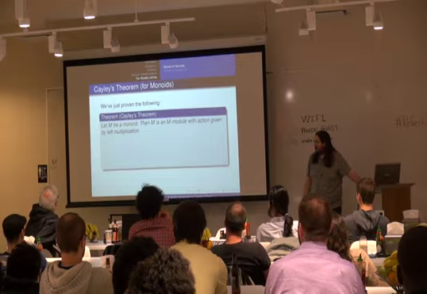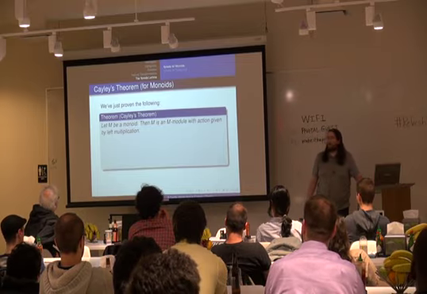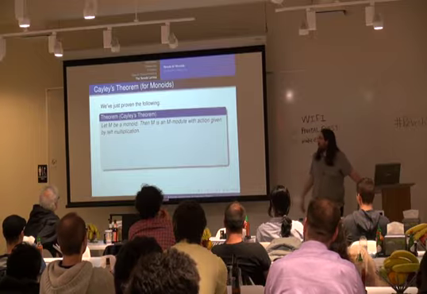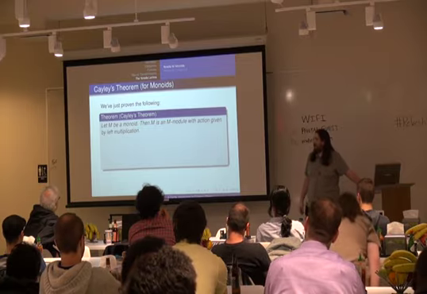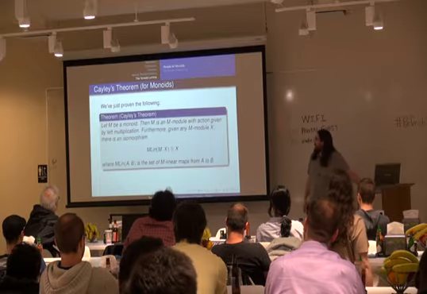So this is a theorem, which I'm going to call Cayley's theorem, even though Cayley's theorem is for groups and these are just monoids. If M is any monoid, then I have M itself as an M module with action given by multiplication.